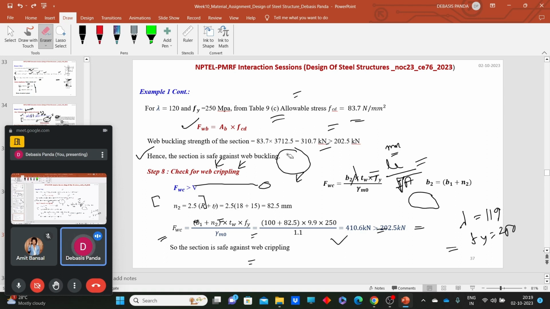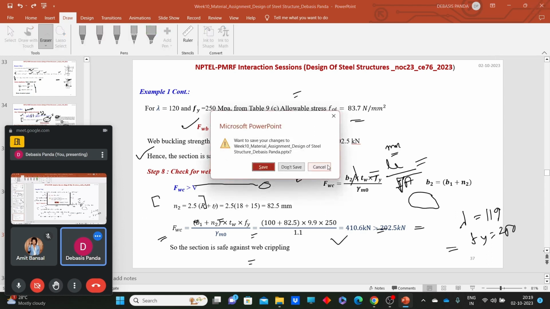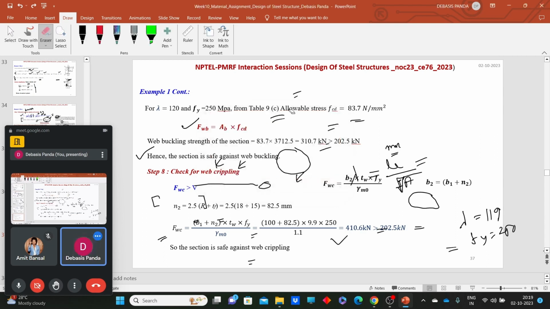So the value of AB is 3712.5, and the value of FCD we have just calculated from table number 9C, and that comes as 83.7. So now what we have seen in this step is that the web buckling strength comes as 310.7 kilonewton.